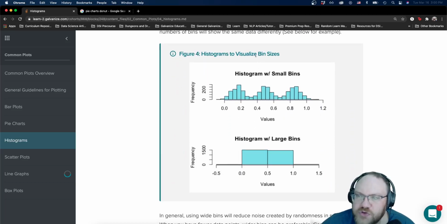Also, it's important when you're building a histogram to be careful with how many bins you choose. This is just showing an example where you can skew data to make it look different than it actually is by using the wrong number of bins.